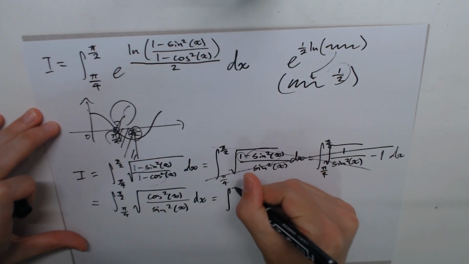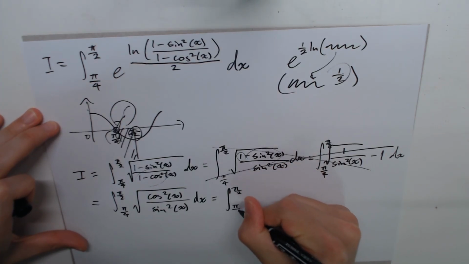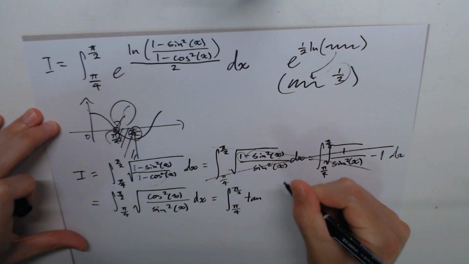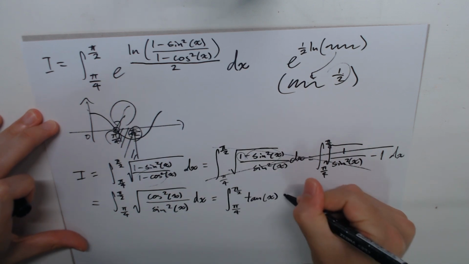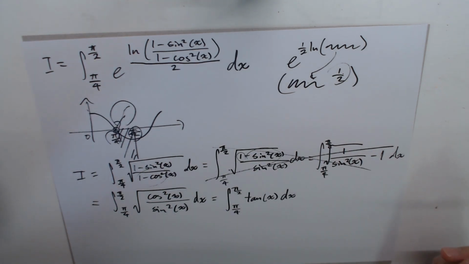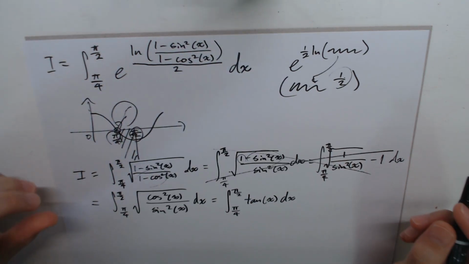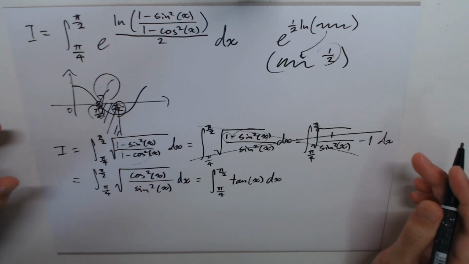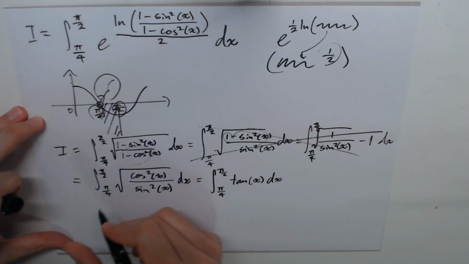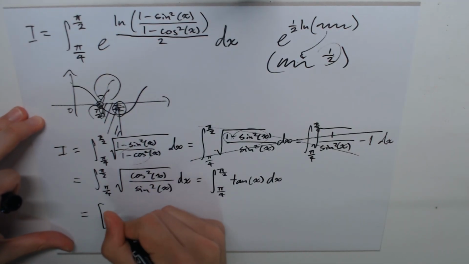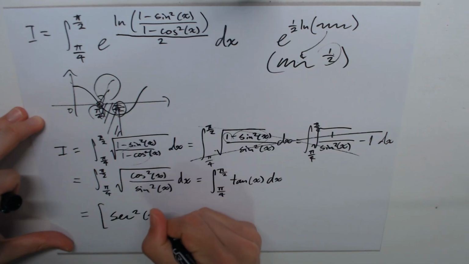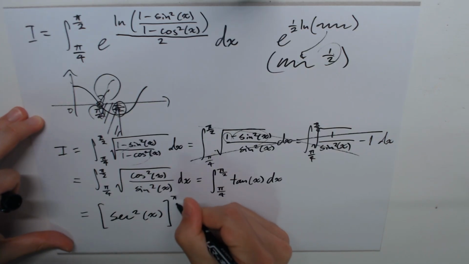And so that should just be the integral of tangent right here. So the integral of tangent is secant squared, I think. At least I think. So it's going to be secant squared x from pi over 4 to pi over 2.